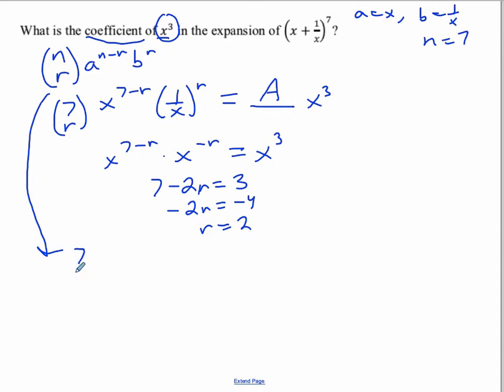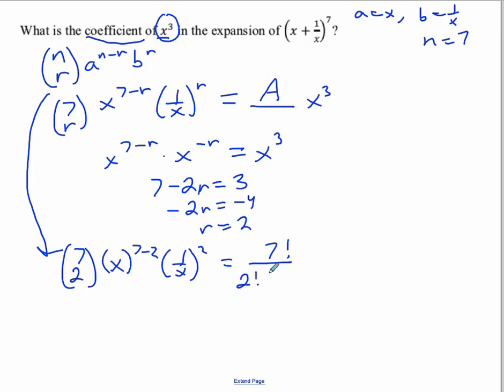So we have 7 choose 2, times the a value, which is just x to the power of 7 minus 2, and 1 over x to the power of 2. Okay, now there's a way to do this in your calculator. I'll show you in a bit, but you can do 7 factorial over 2 factorial times 7 minus 2 factorial. And then these x's, this should give me x to the power of 3. You can verify that.